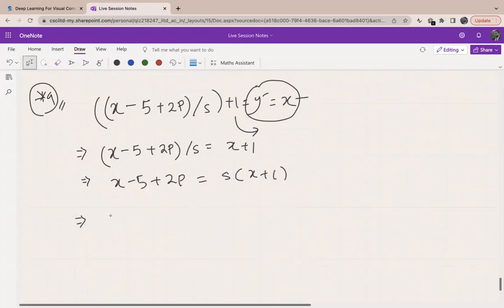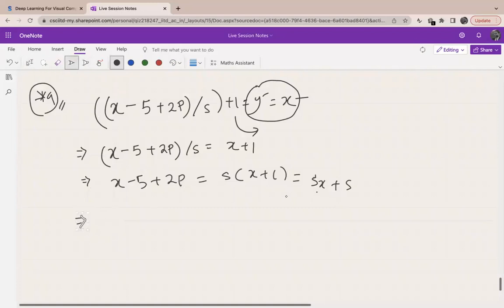That implies X, and multiplying this would be Sx plus S. So if I just bring this to this side, let me just erase this.